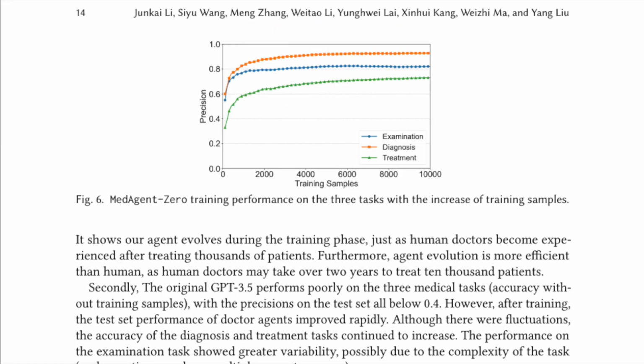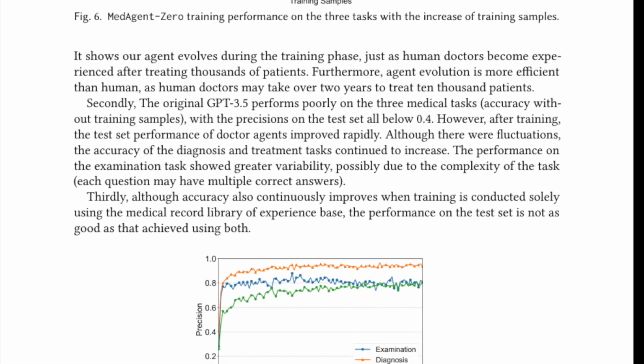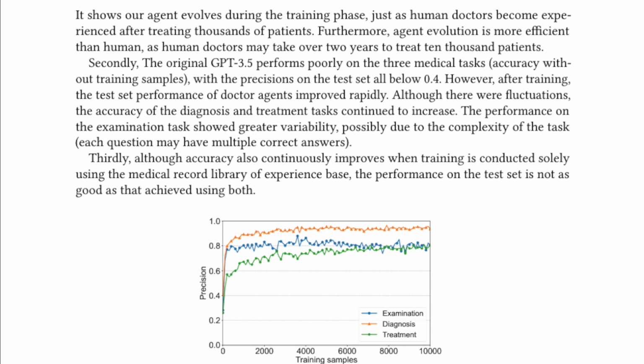Figure 6. MedAgent-Zero training performance on the 3 tasks with the increase of training samples. It shows our agent evolves during the training phase, just as human doctors become experienced after treating thousands of patients. Furthermore, agent evolution is more efficient than human, as human doctors may take over 2 years to treat 10,000 patients.